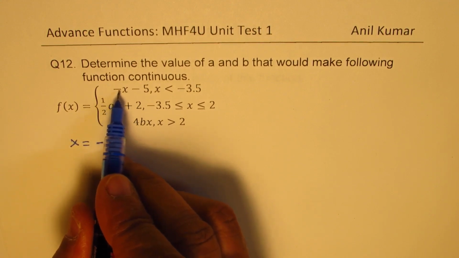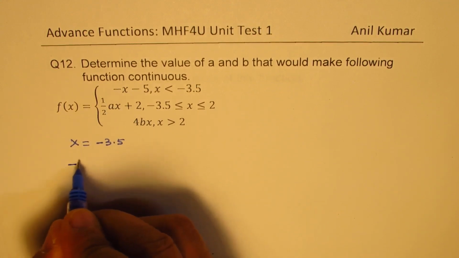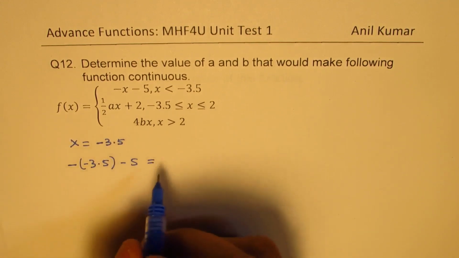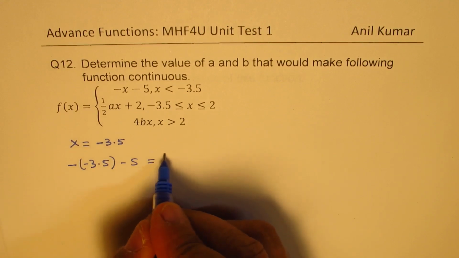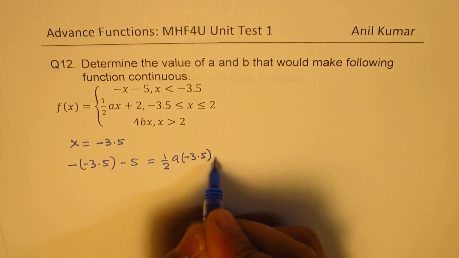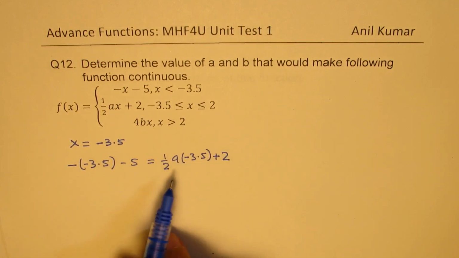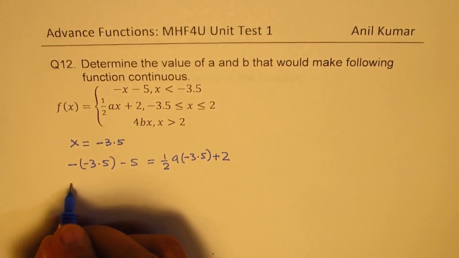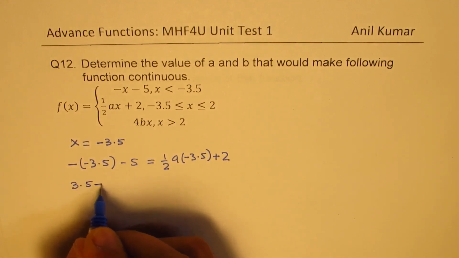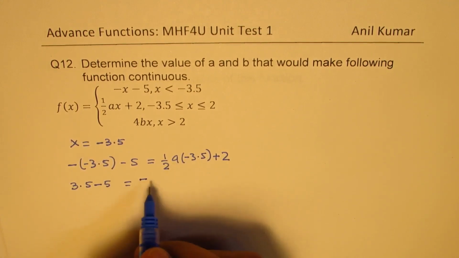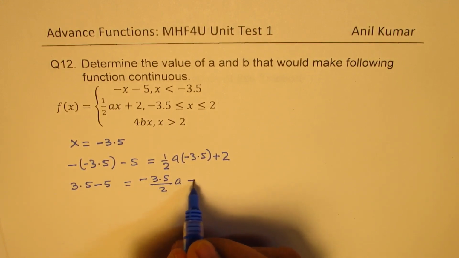If I substitute on the first branch, which is minus of minus 3.5 minus 5, that should match with the second part, here half of a times minus 3.5 plus 2. So we have to find the value of a from here. That's what it means. So we have here 3.5 minus 5 equals minus 3.5 over 2a plus 2.